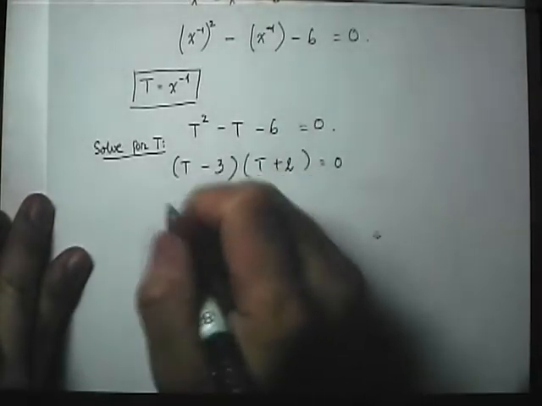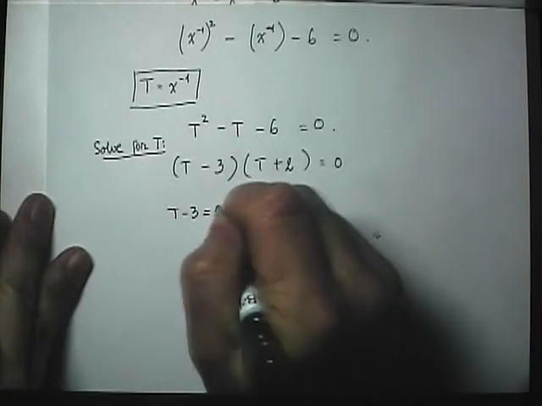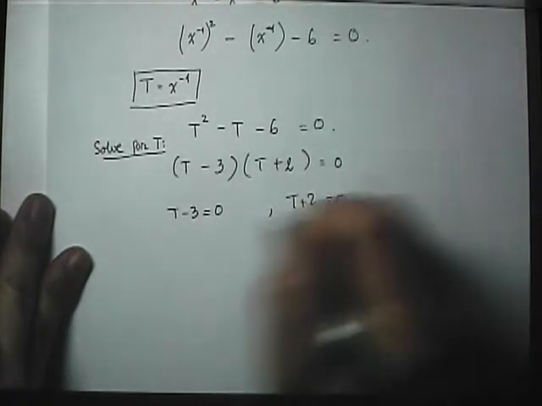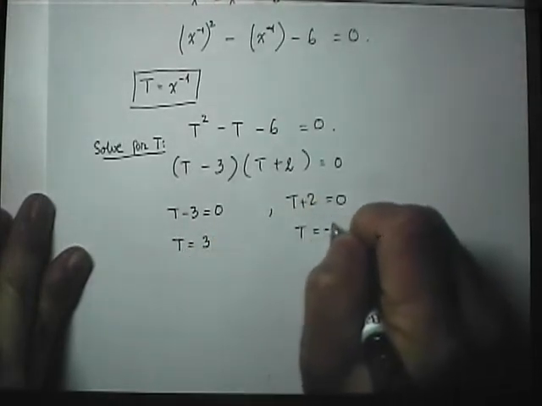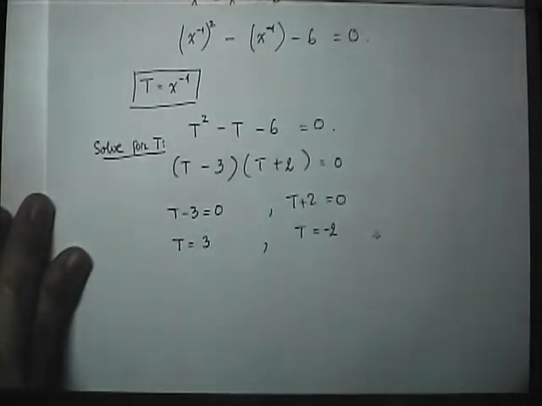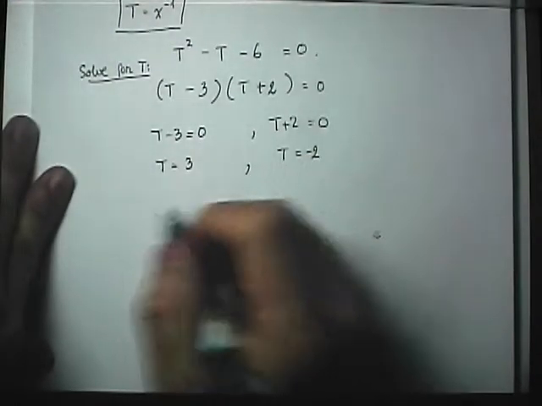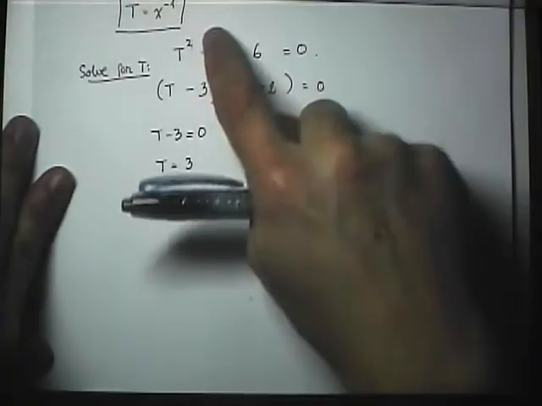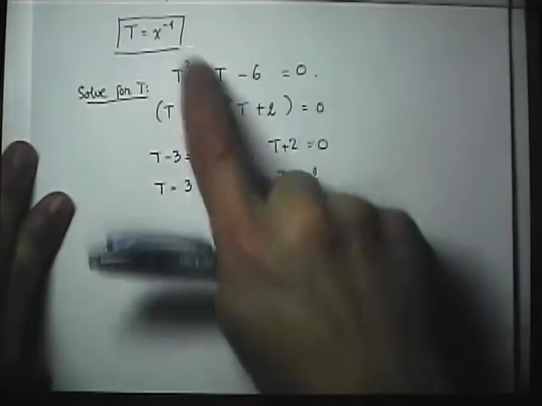So now that immediately produces t minus 3 equals 0 and t plus 2 equals 0. And that gives me one t equals 3, the other t equals negative 2. Now, back to the substitution point.